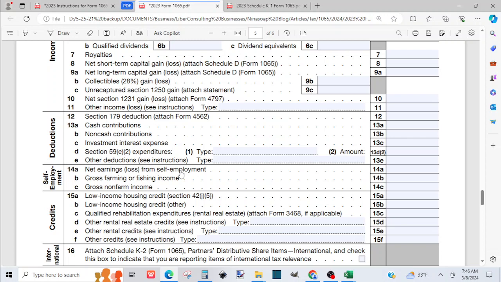You want profit or loss from a trade or business activity, an active activity, and you want to know out of the partners that own the business which one works in it, materially participates, and which one didn't.